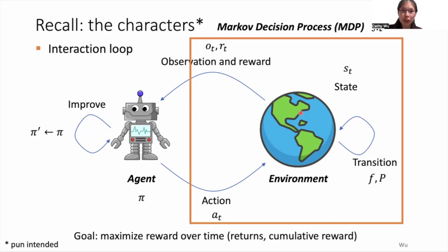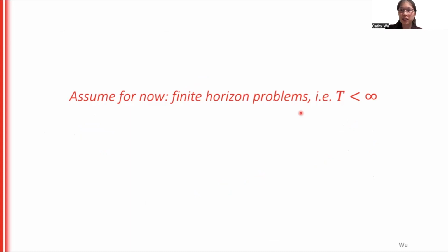We're going to do this by looking at a particular example. I should note, for now, we assume finite horizon problems. We'll use the notation T for the horizon, and this is going to be finite. What this means is that when we say we care about the reward over time, we care about it over a finite number of steps.